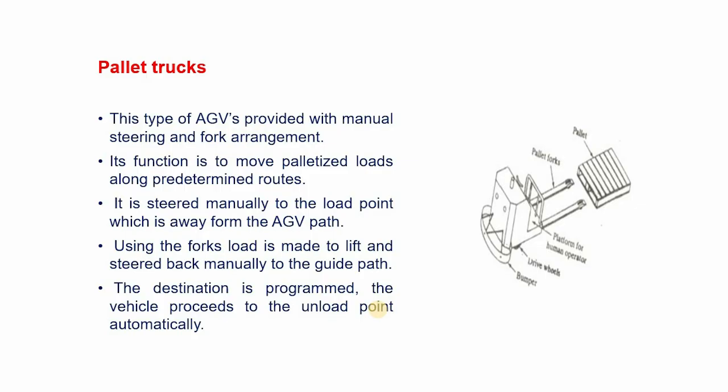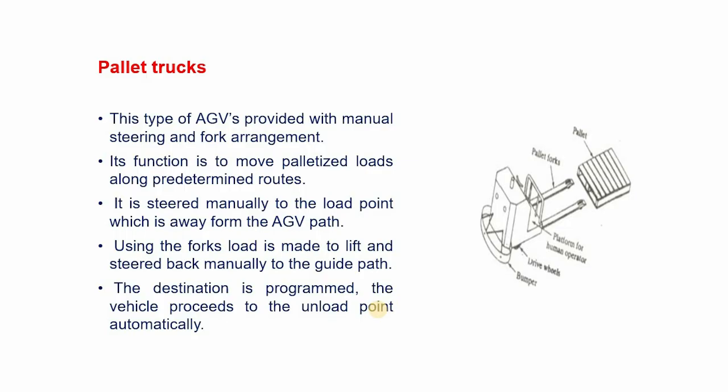It is steered manually to the load point which is away from the automated guided vehicle's path. Using the forks, the load is lifted and steered back manually to the guide path.